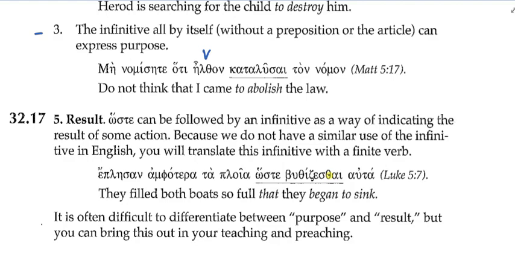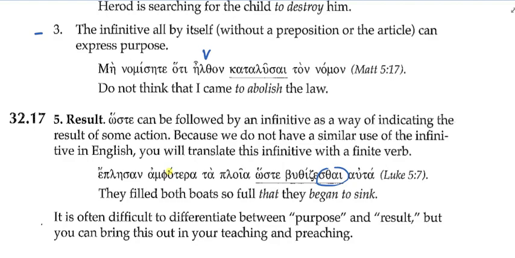No. They filled them, and the result, unintended though it may have been, was that they began to sink. Do you see the difference between intentional purpose and then mere result? Does that make sense? Okay. So this hoste, buthidzestai, there's my infinitive ending there, right? This is result, but not the purpose for the main verb. They don't fill the boats because they want to sink. They fill the boats with the result that they sink.